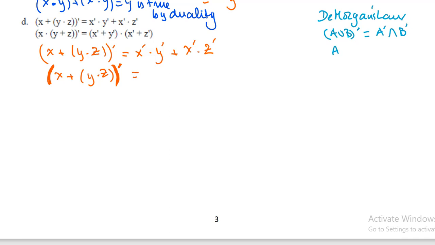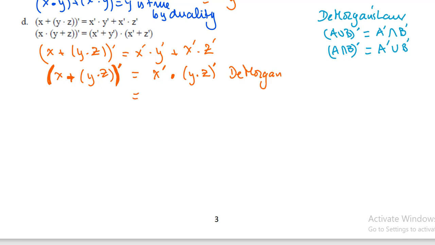The same as (A and B)' is the same as A' or B'. So De Morgan can be applied here, so I will have X' dot, instead of or, is and then Y dot Z'. So what I use is De Morgan.